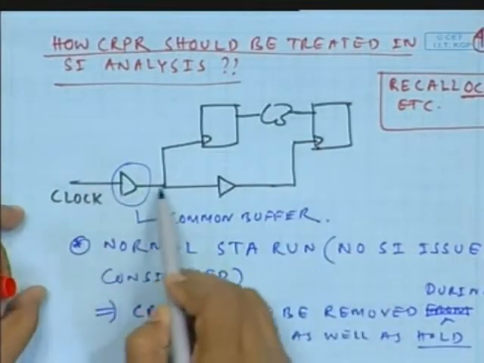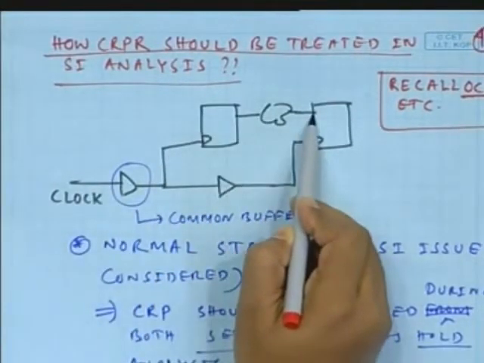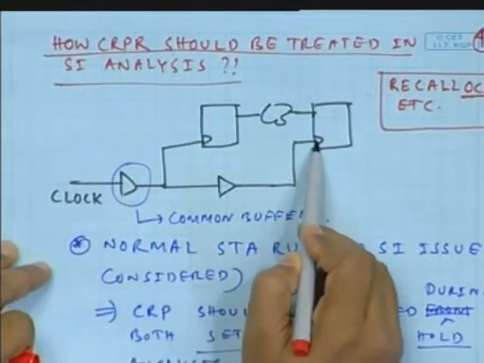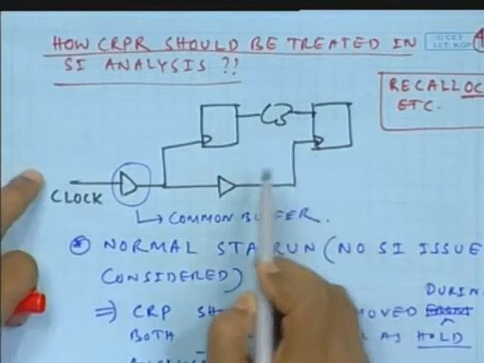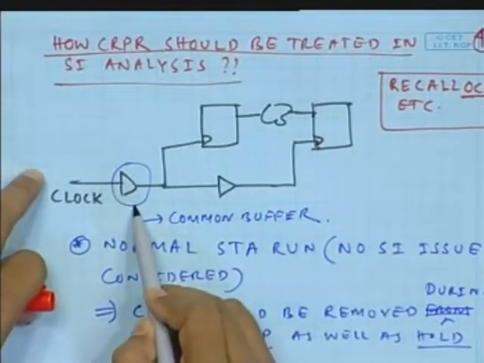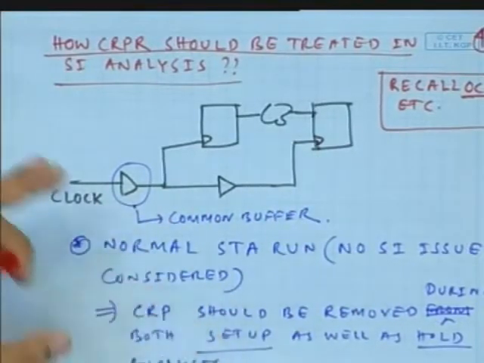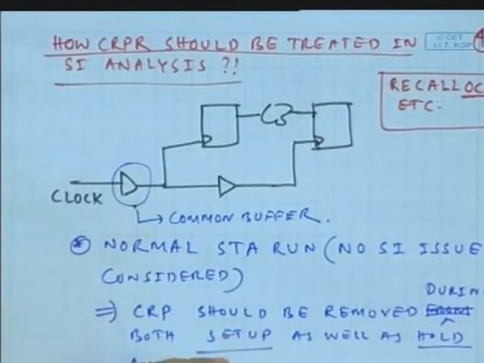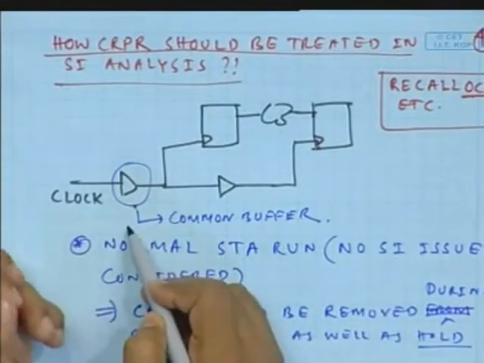So, for setup, you will be calculating the max here, and for the clock path, you will be calculating minimum, and for hold, it will be the opposite, right? Now, that clock was in common, that was a common buffer, so there was no point of calculating both in max. So, you remove the pessimism, which is called CRP, right? That CRP was defined by max of this delay minus min of this delay, this buffer delay, right?